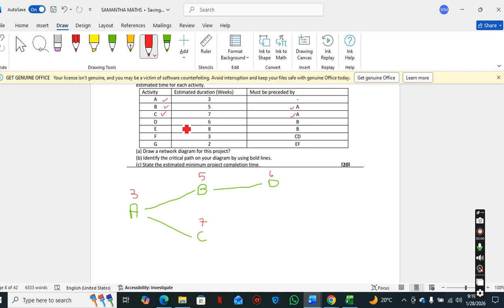We also have activity E, which is preceded by activity B. So activity E is coming after activity B. Activity E, duration 8 weeks.